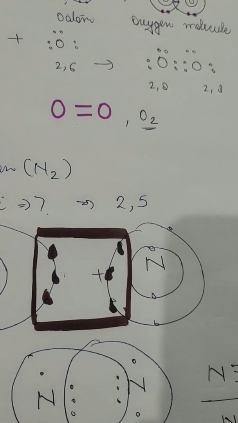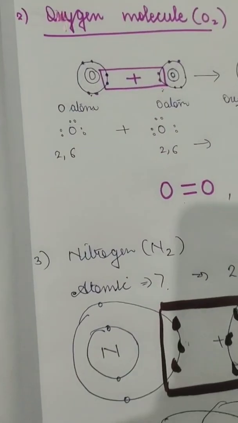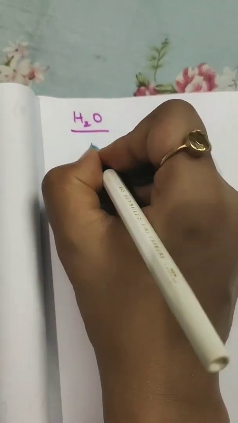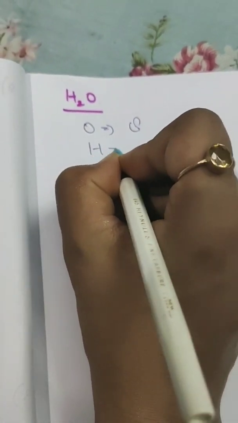Now we'll be taking some other examples, like the formation of the water molecule and the formation of the ammonia molecule. So let's begin here. Water has 2 different elements, hydrogen and oxygen. Oxygen has atomic number 8 and hydrogen has atomic number 1.